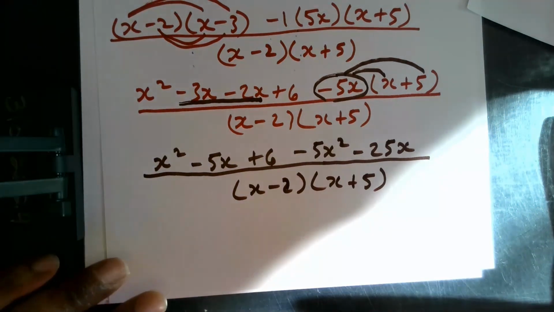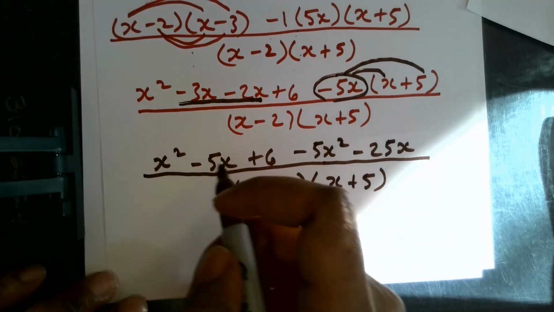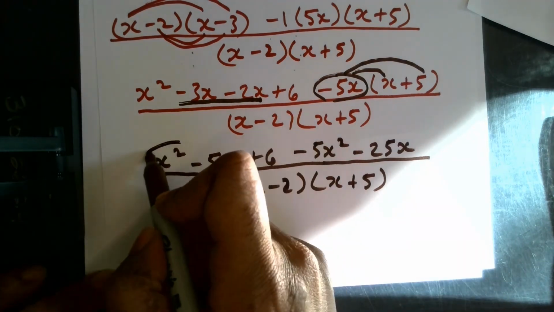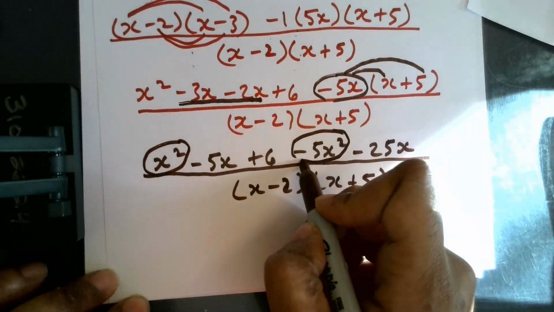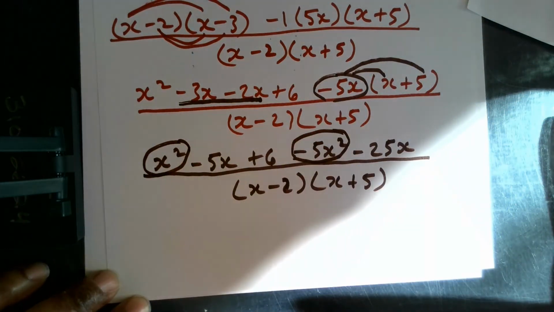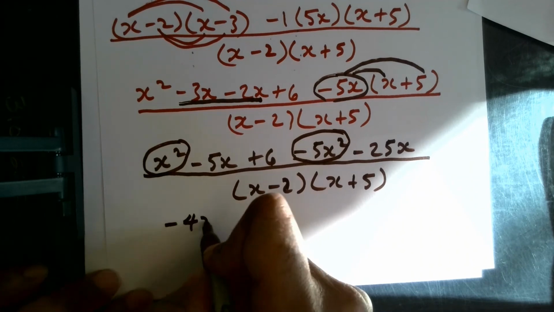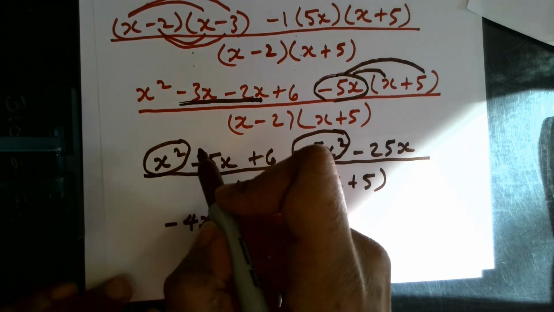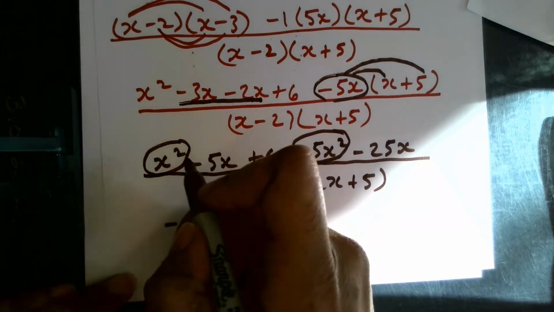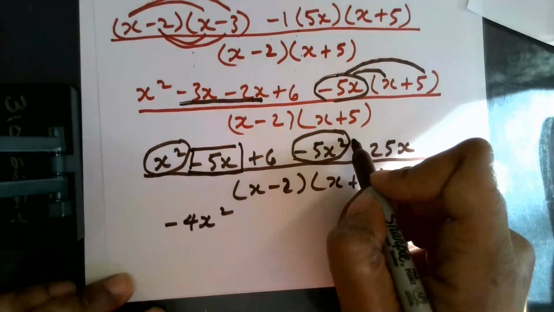Now as you can see, we have some like terms we can combine. Those two would combine to give me negative 4x squared. And see, we have two more like terms.